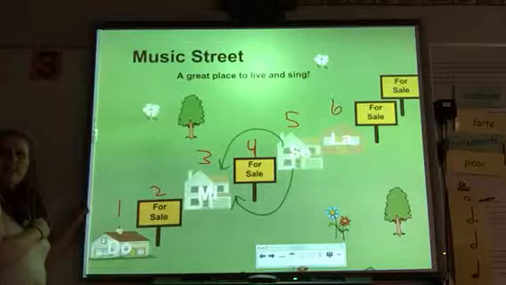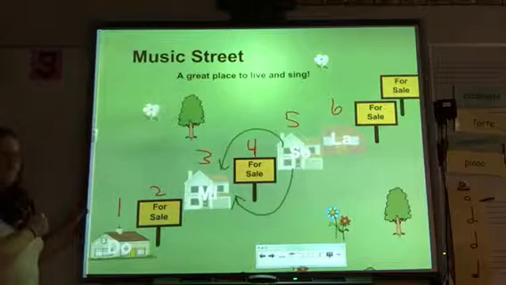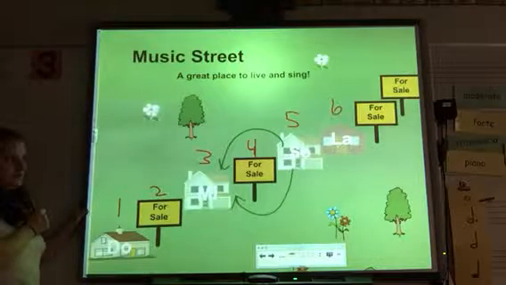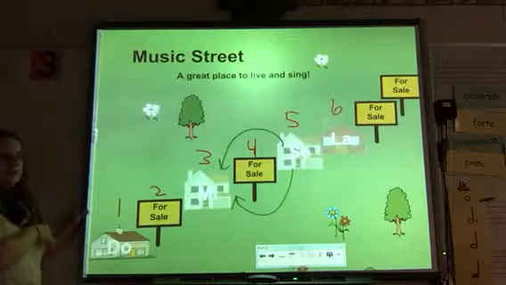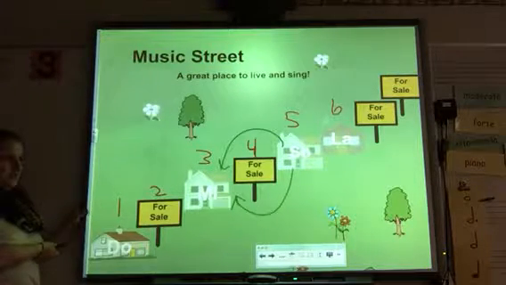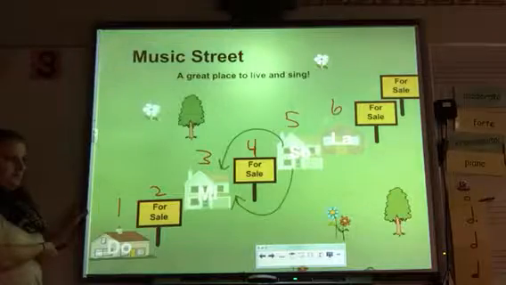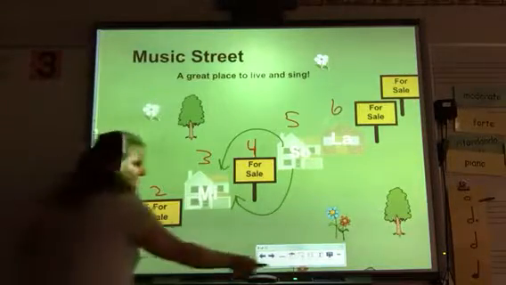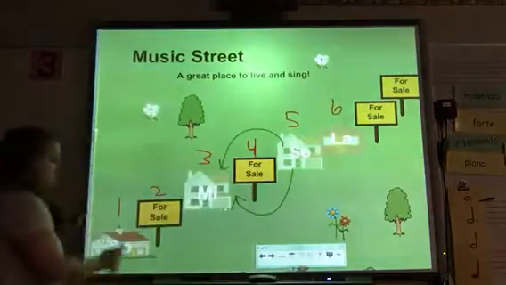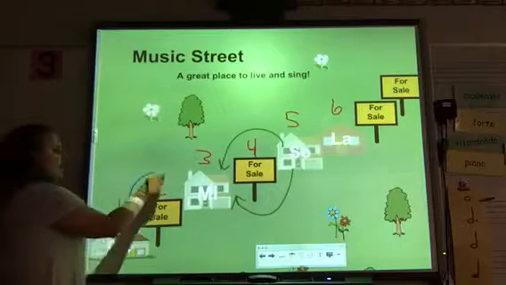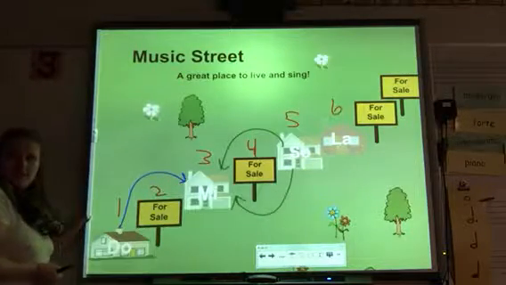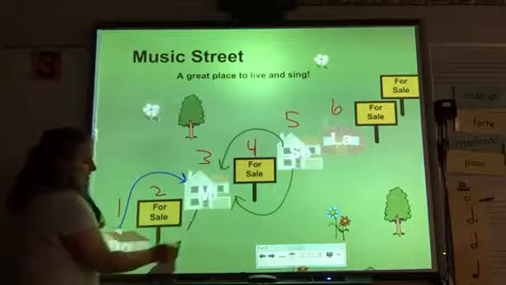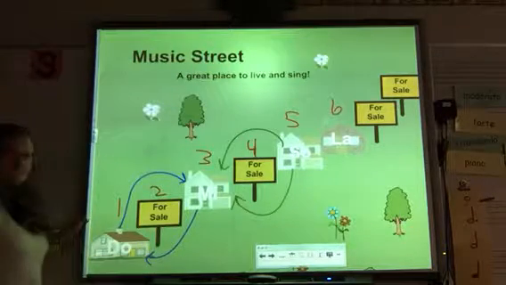Is that a step, a skip, or a leap? How far does do have to go? Is there anything do has to jump over in order to get to mi's house? There is. Do has to skip over lot 2 in order to visit mi, and mi has to skip over lot 2 in order to visit do.